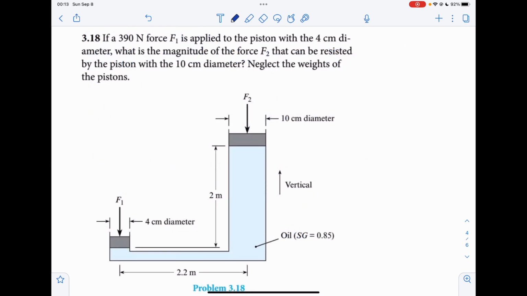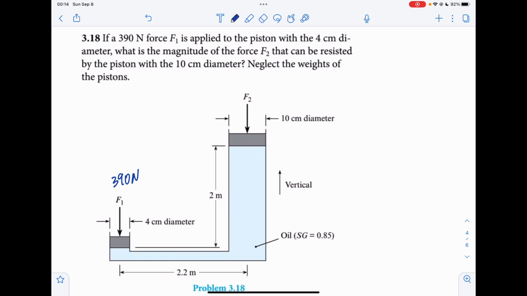For problem 3.18, we have two pistons, one with a smaller diameter of 4 centimeters with 390 Newton here, and we are asked to find F2 with a diameter of 10 centimeters.